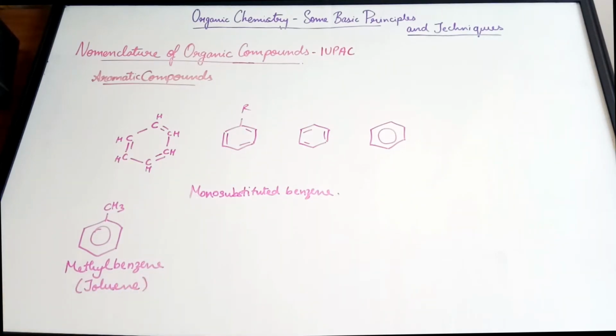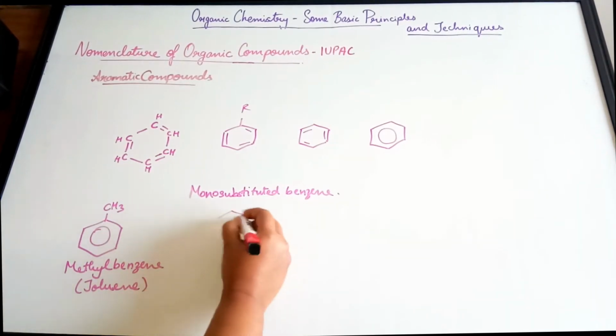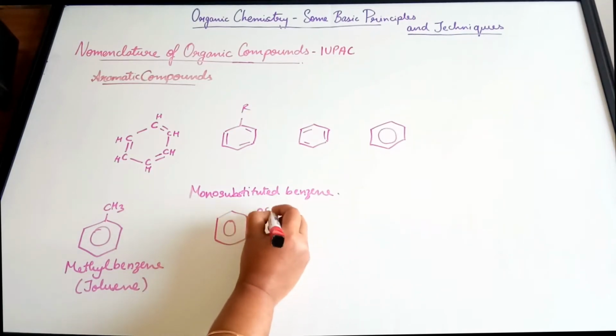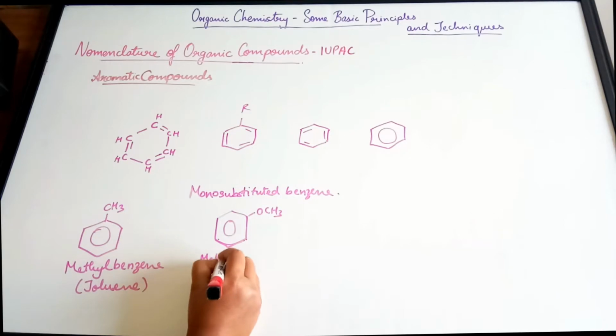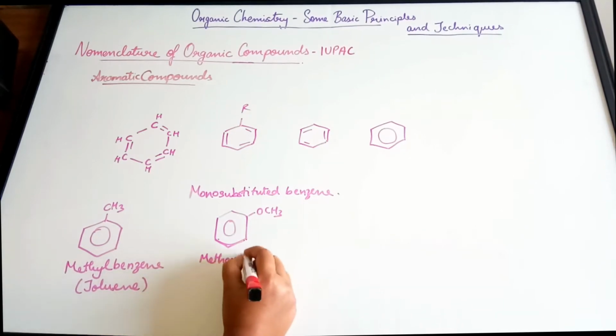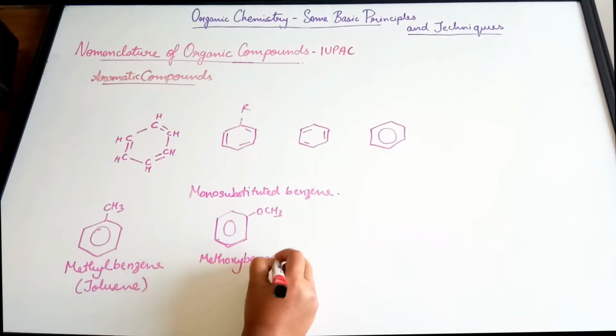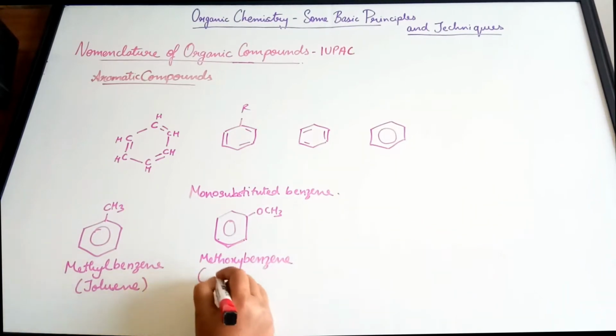Similarly, when you have an OCH3 group, that is a methoxy group instead of a methyl group, this is called methoxybenzene, or it is also called anisole.